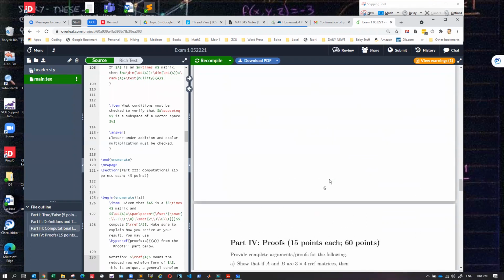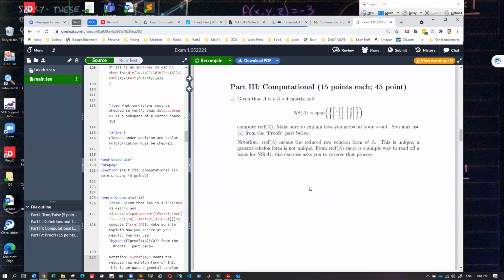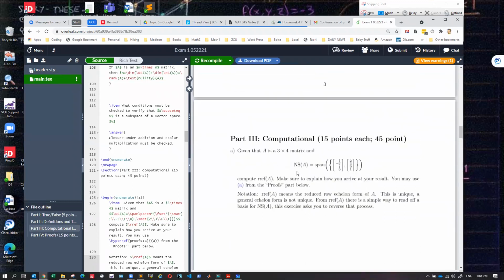That helps your sanity, knowing that whatever you get from this will actually be correct, because I'm telling you to compute exactly the reduced row echelon form of A. You might say, maybe if I take two different bases I can produce two different results, but there's a specific thing you're going to produce. You're going to take these two vectors and produce a 3x4 reduced row echelon form matrix.